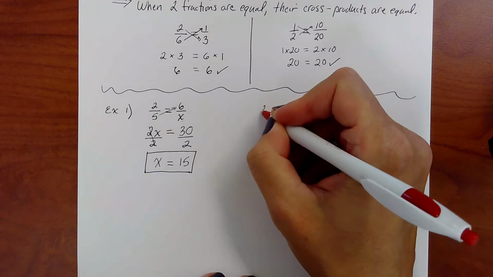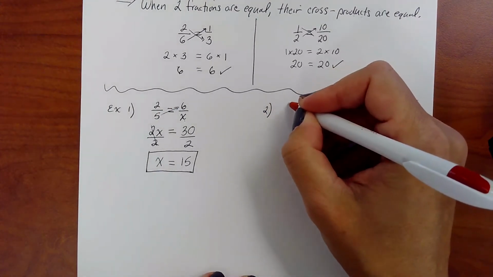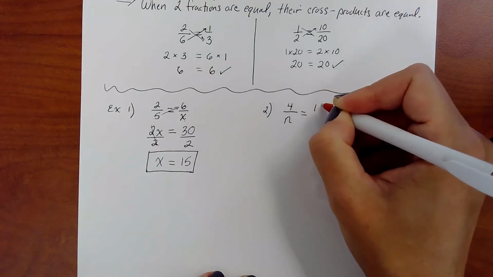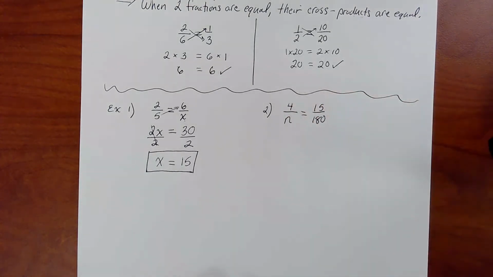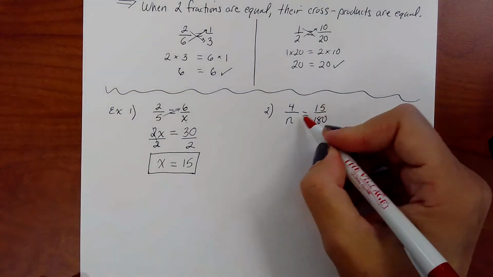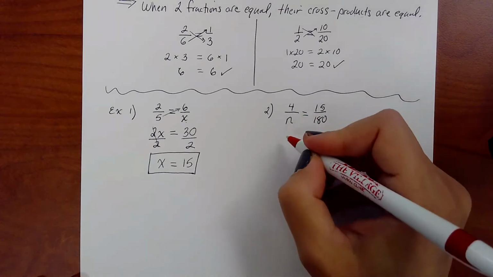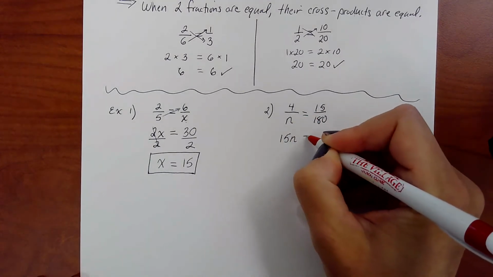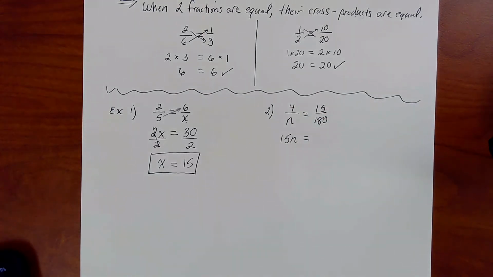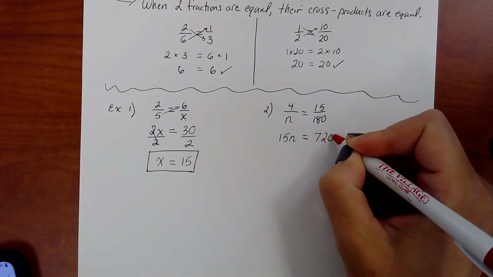So let's try another one and put the variable in a different spot. Let's try 4 over n equals 15 over 180. Let's start with the cross with the variable. So 15 times n is 15n. 4 times 180, and we can use our calculator. 4 times 180 is 720.